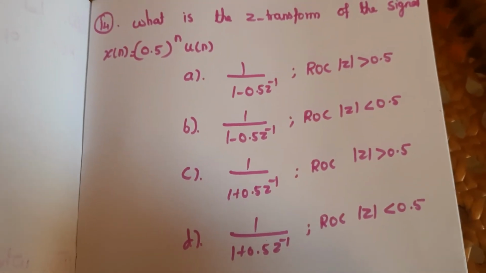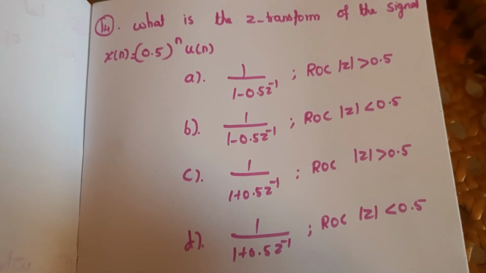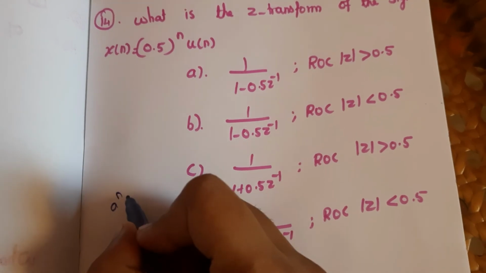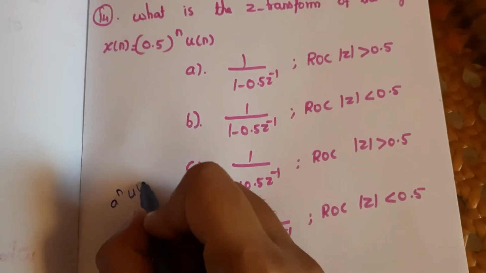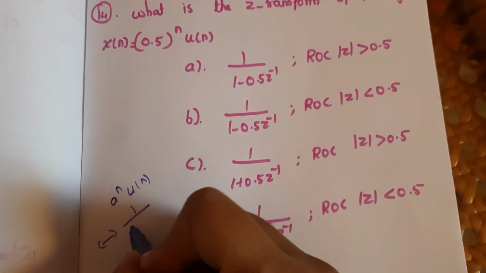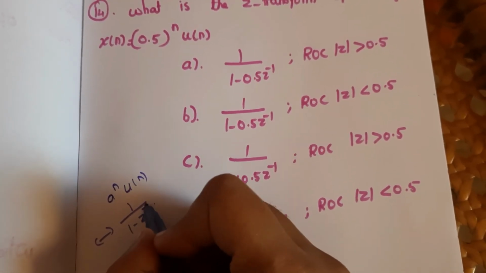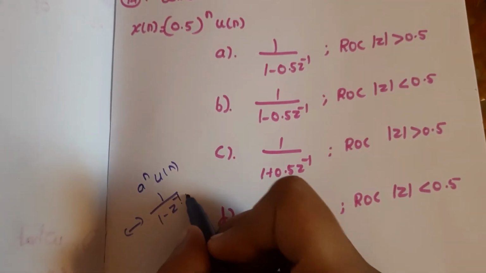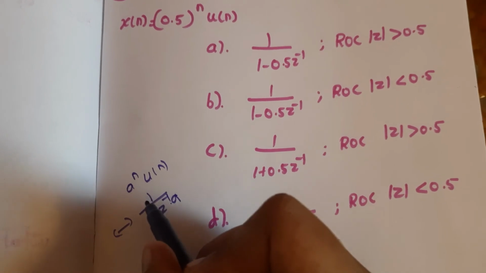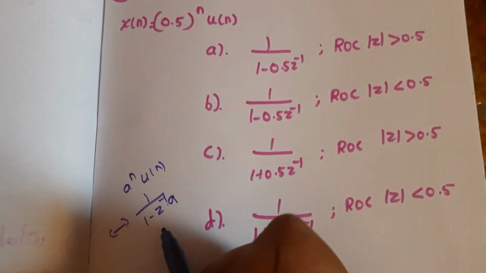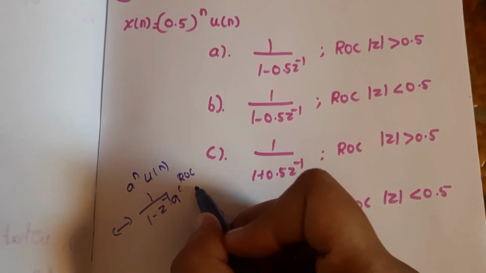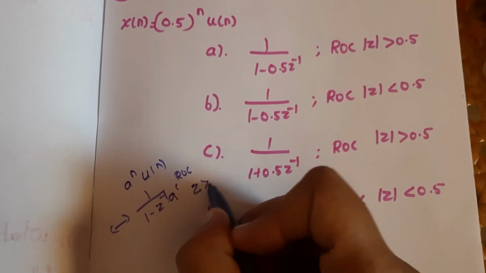14th question, what is the Z transform of signal x of n equal to 0.5 power n into u of n? We know the Z transform for a power n into u of n is equal to 1 divided by 1 minus a z power minus 1, and ROC is Z greater than a.